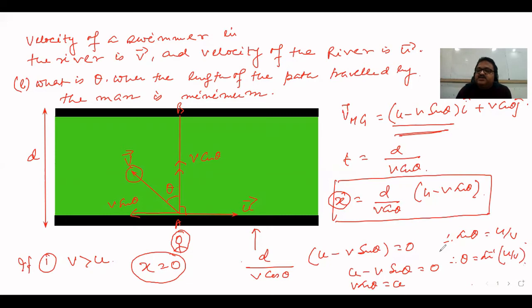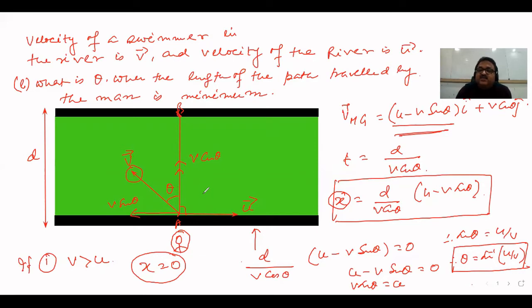Okay, that means in that case drift is 0. This is called the shortest path. Okay, shortest path. That means the man will reach exactly at this point.